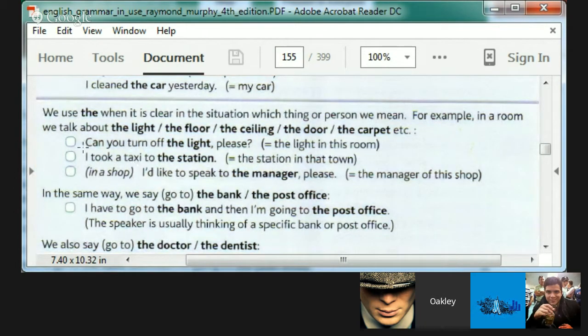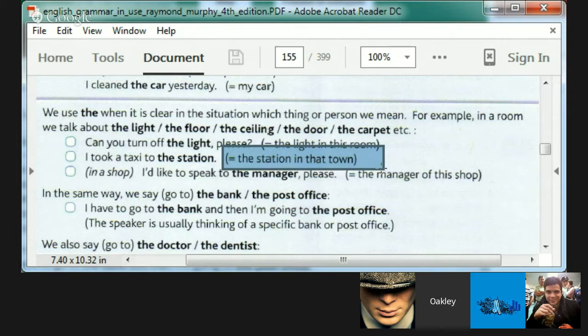Okay. I took a taxi to the station. Okay, this can be confusing. Places, all right. The station in that town. This can be a little confusing when you're talking about institutions where there's normally only one, or one in a certain area at least.